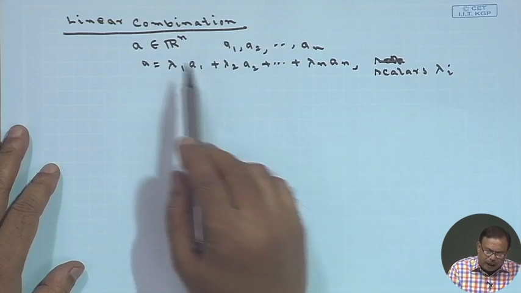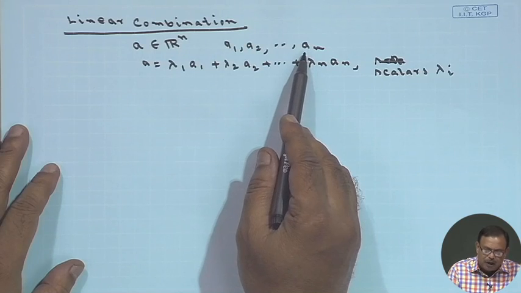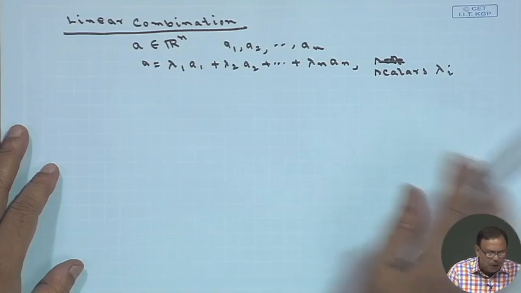So, then we say A is a linear combination of a1, a2, ..., an.